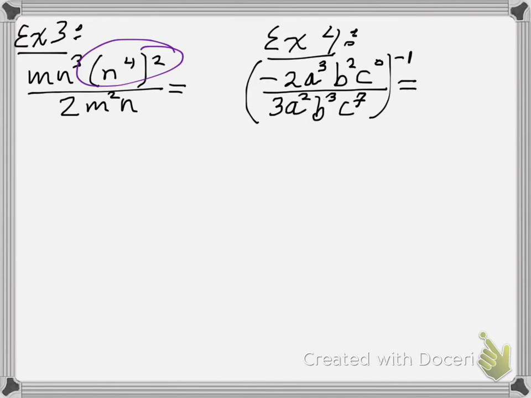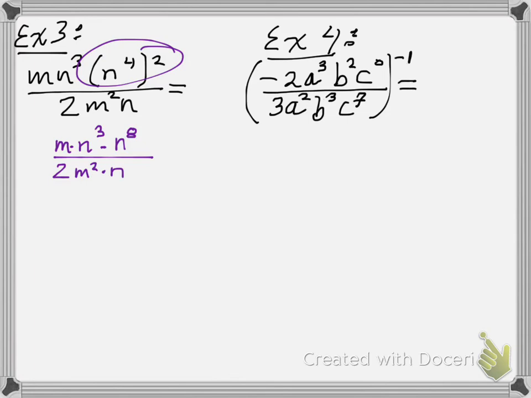So my rule here is going to be to multiply 4 times 2, so I'd get n to the 8th power. And I'm just going to bring down my m and my n to, I already had an n to the 3rd, right? And then all over 2 m to the 2nd times n.